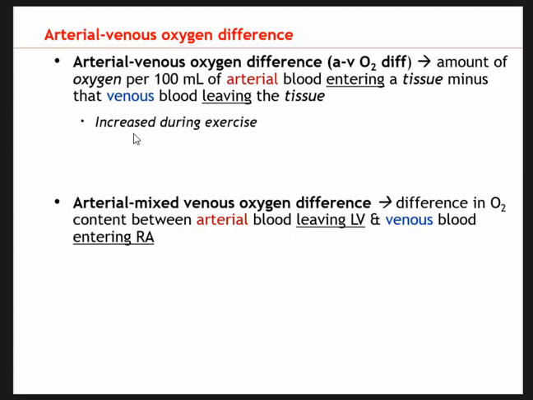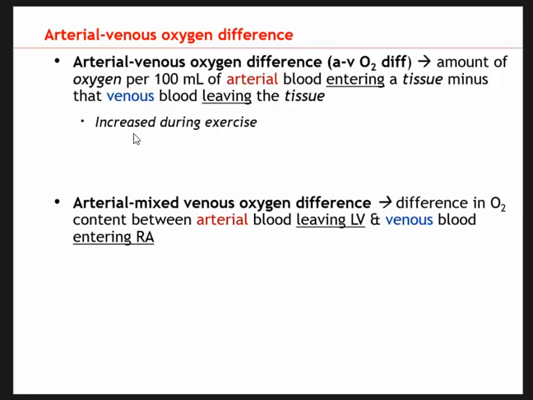So now we have arterial mixed venous oxygen difference. So this is the difference, again, in O2 content between arterial blood, but now it's blood leaving the left ventricle, being pumped out of the aorta to the body, and the venous blood entering into the right atrium. So venous blood entering back into the inferior and superior vena cava.